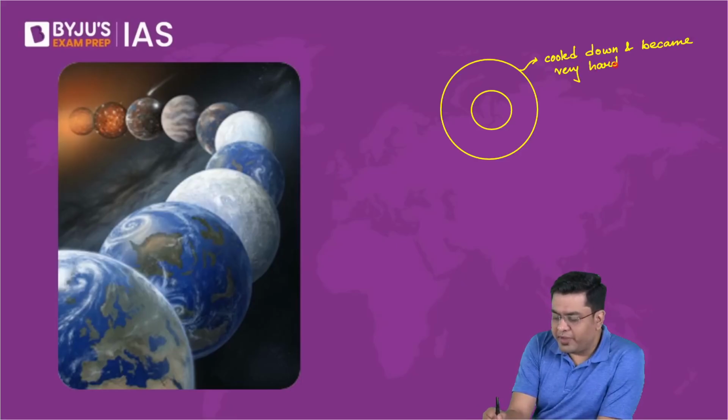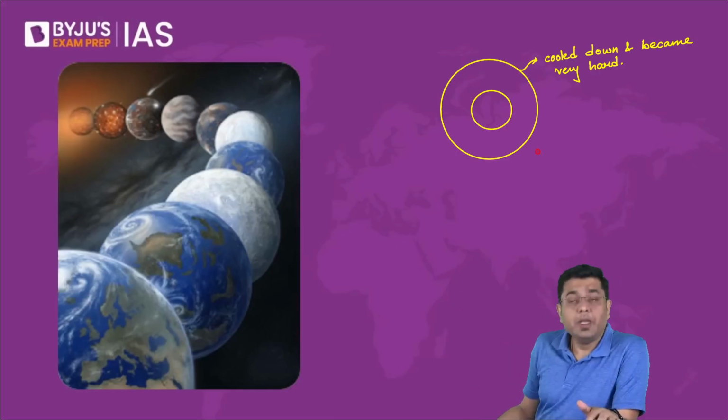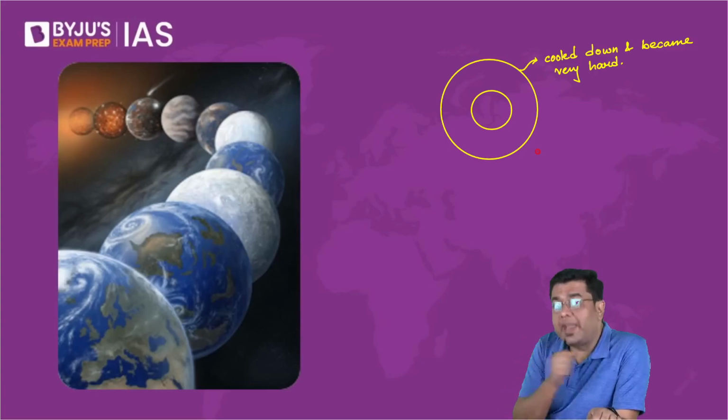Can we say that the Moon is a part of Earth? Absolutely yes. The Moon was once a part of the Earth. So the outer ones cooled down and became very hard, very stiff, very brittle as well. But the lower portions did not cool down significantly. The portions in the inside were still very hot. That heat continues to be trapped till today.